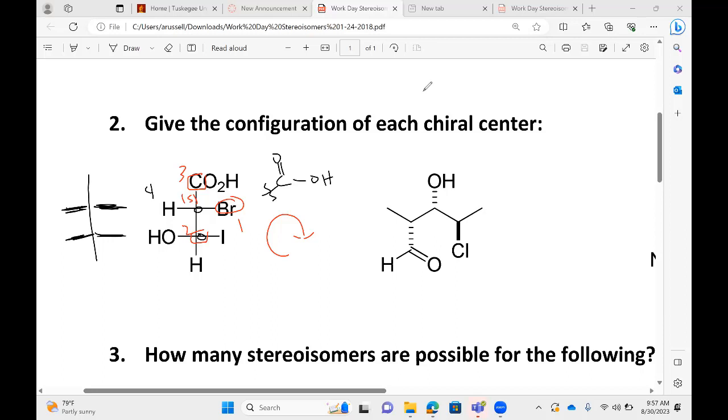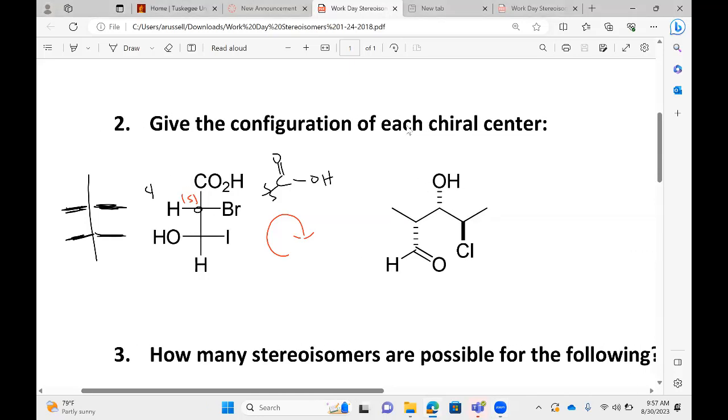Let's do the bottom stereo center. All right. Go ahead. Could you real quick tell me what you said about when you're comparing the carbons, not to count? Yeah, sure. So when I'm comparing this carbon and this carbon, it's tempting to look at that carbon up top with it being bonded to oxygen 3 times and say, oh, it's higher in priority.